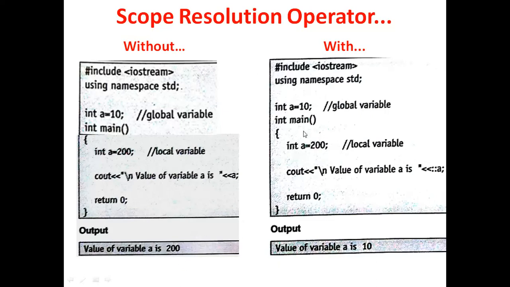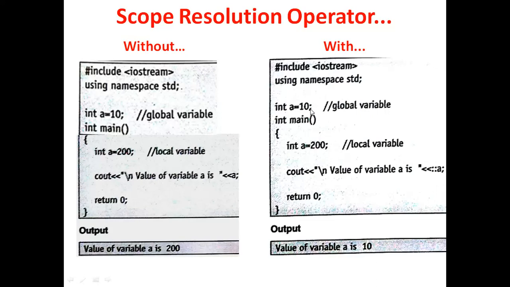Now we'll see with scope resolution operator. Here also initially I have declared the value of a as 10, and after that in main function I have written int a is equal to 200, and while displaying the value of a I have used one operator that is called scope resolution operator, and due to that scope resolution operator the value of a will not be displayed as 200.